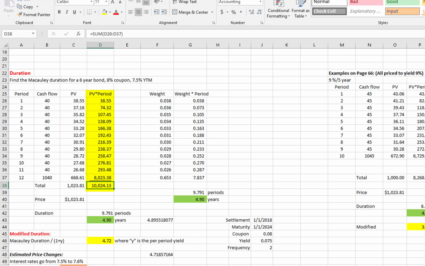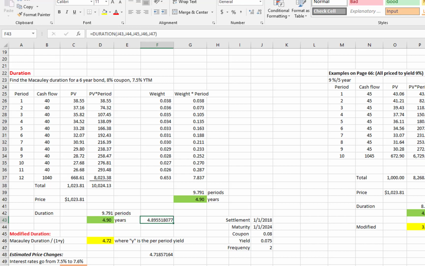So I get this measure 10,024. That doesn't really mean anything yet. What I need to do to get the duration is divide that number by the price. So I would get 9.791, and that would be measured in periods, but we really want to be talking about duration in terms of years, so I need to divide that answer by 2, and so we would have a duration measure of 4.90 years.